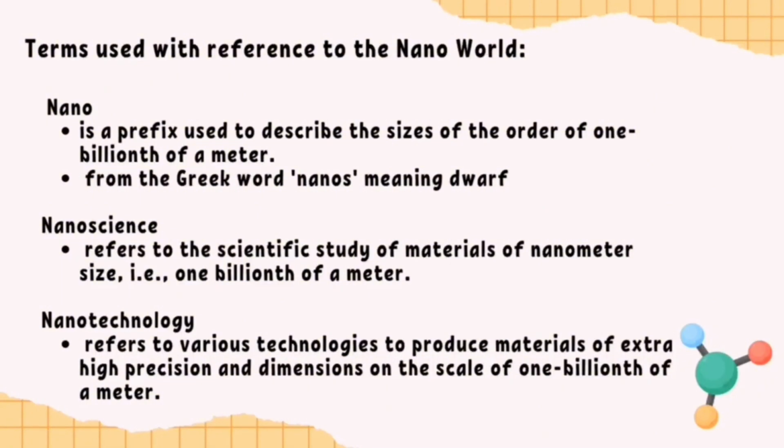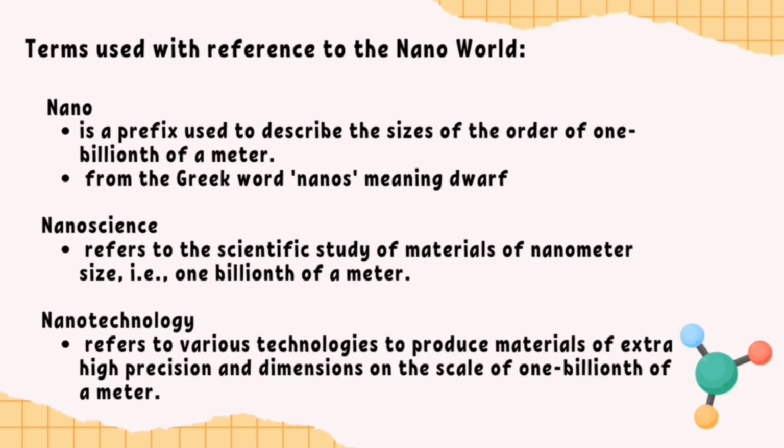Next is nanoscience, which refers to the scientific study of materials of nanometer sizes, 1 billionth of a meter. Ito yung structures and molecules on the scale of nanometers from 1 to 100 nanometers. And yung technology na gagamitin natin, like devices, is called nanotechnology.